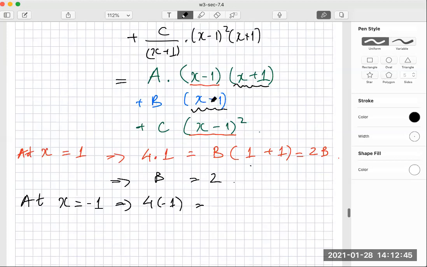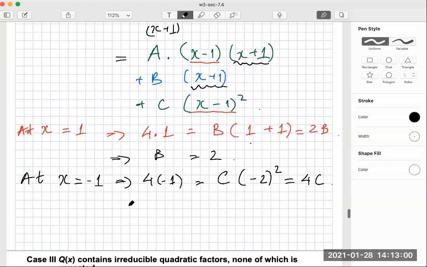Disappear. This one would be 0, disappear. And this one would be C times. Good job. It would be? Yeah, 4C is -4, then C should be -1. Great. Does it make sense? Perfect.